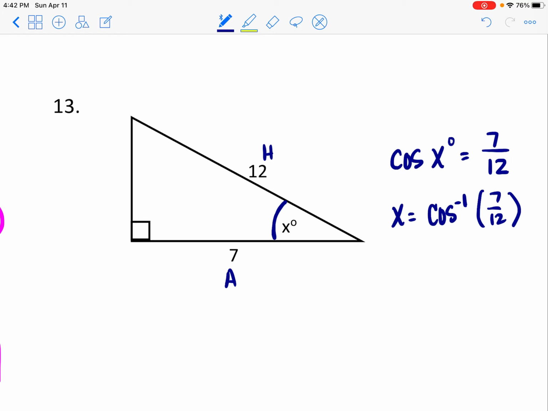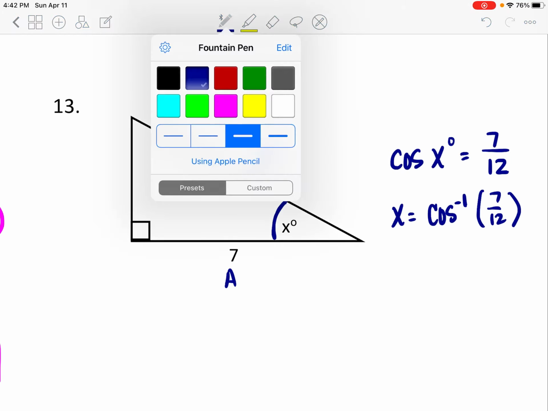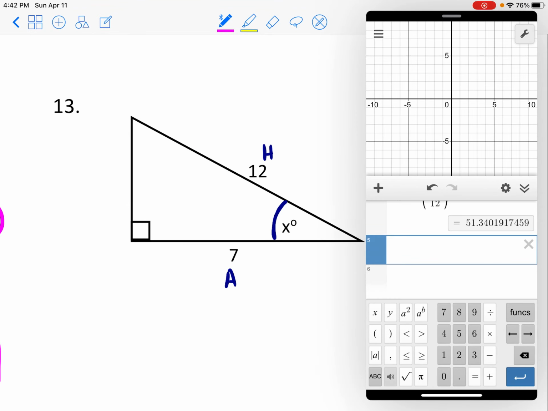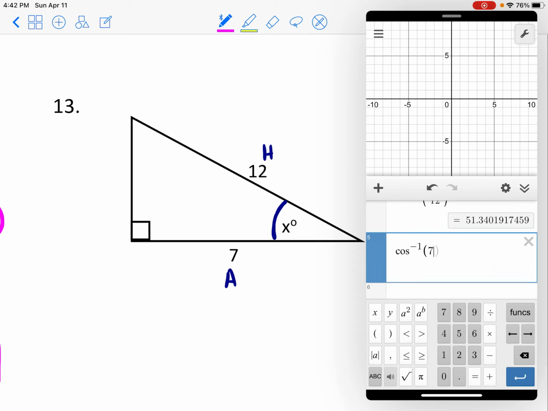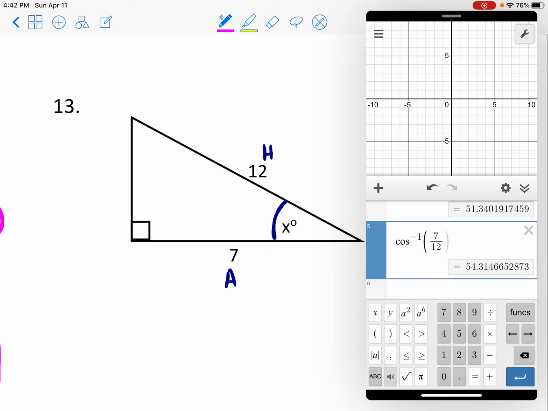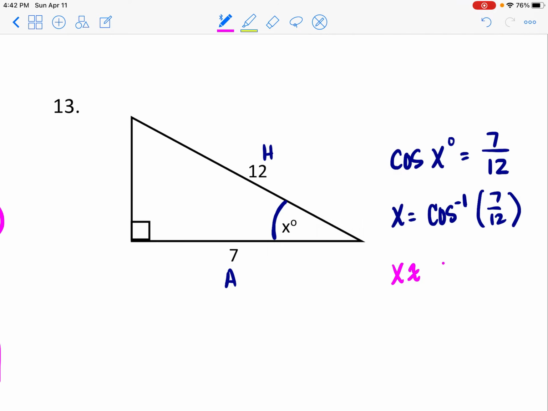So the cosine of some angle being 7/12, that's another way to write that. Now we can approximate this with the calculator. Let's ask it the cosine of what angle gives us a ratio of 7/12, and it's going to say that's about a 54.3 degree angle. So 54.3 degrees.